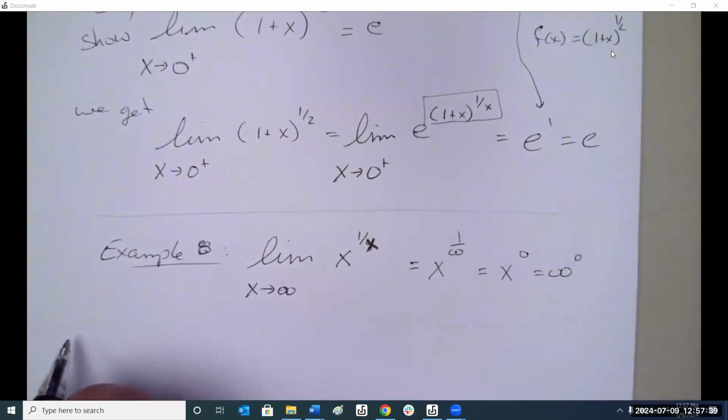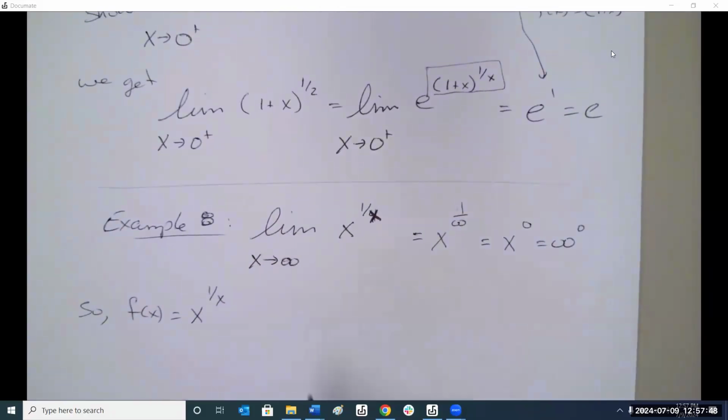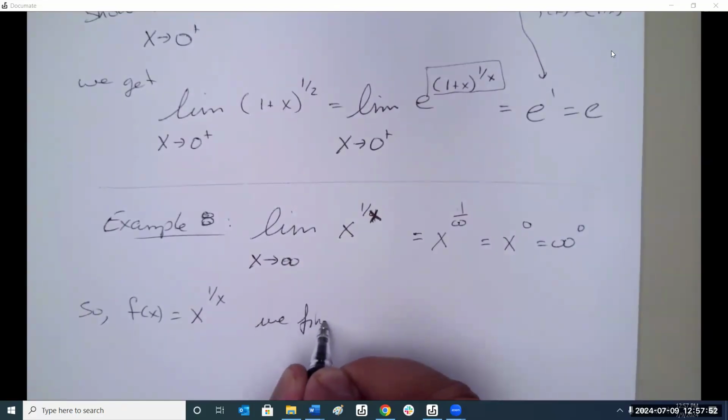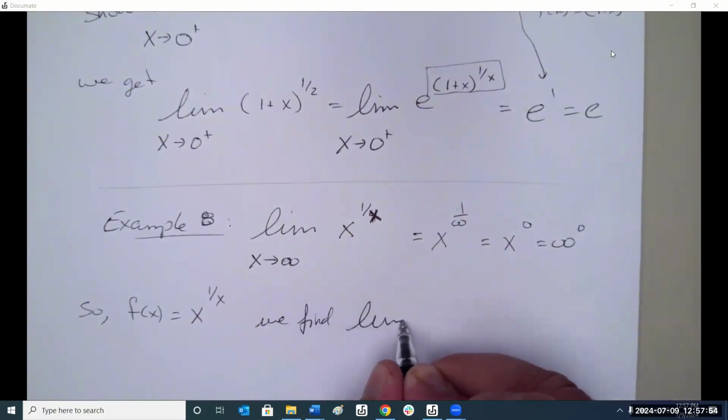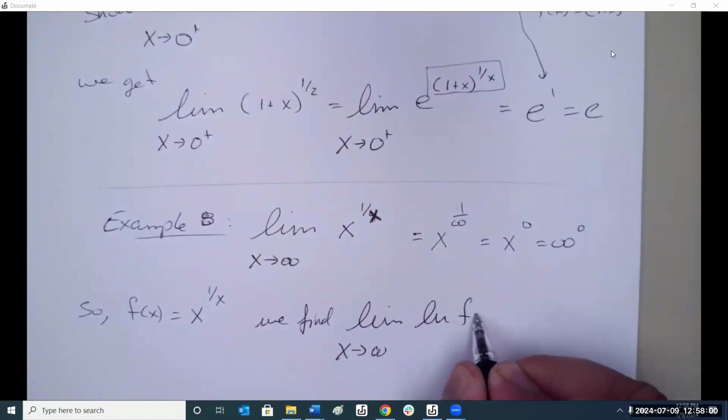So what is our f of x? x to the power 1 over x, right? Now we've got to find the limit as x approaches infinity of ln f of x.